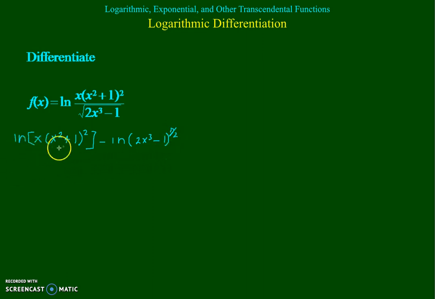All right, now we're going to continue expanding this guy. Here we have a product. So that's going to be natural log of x plus the natural log of this piece minus, we're going to pull that 1/2 out with the power rule. Okay, now we just have to pull this 2 out front and we'll be ready to roll.